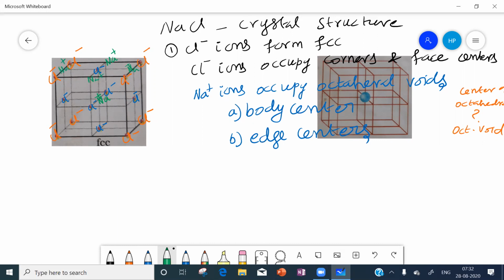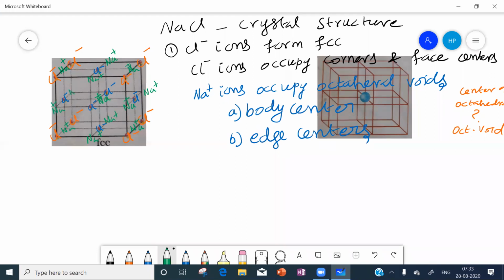Top face edge centers over. Right side face edge centers completed. Bottom face edge centers completed. Front face edge centers completed.